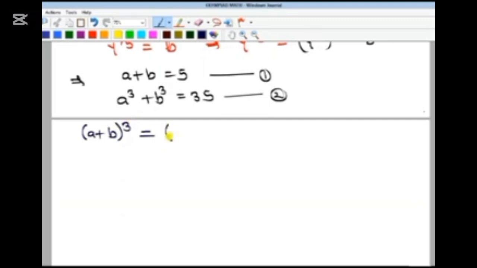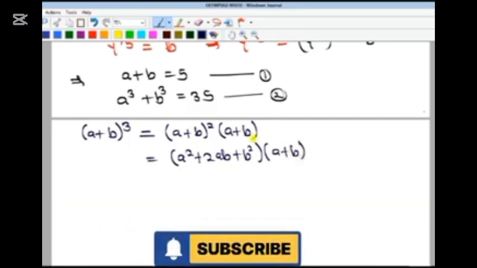Let's quickly use expansion of brackets, so we are going to have a plus b all squared multiplied by a plus b, and of course you know that a plus b all squared is equal to a squared plus 2ab plus b squared, all now multiplied by a plus b.